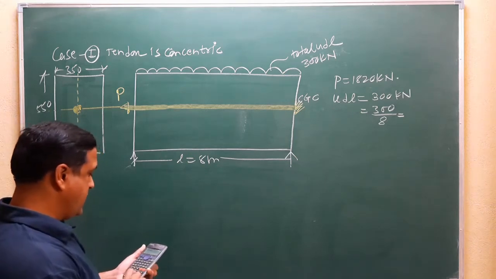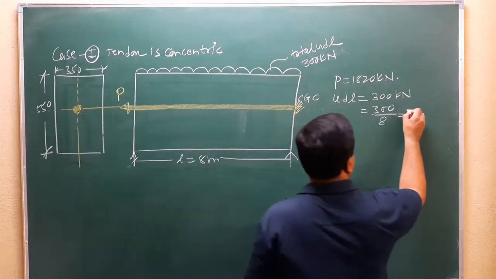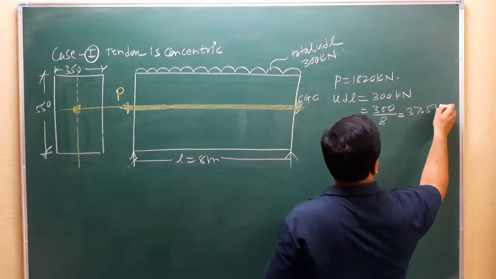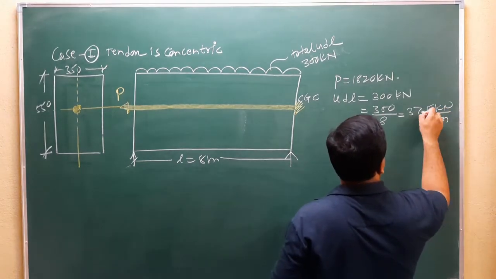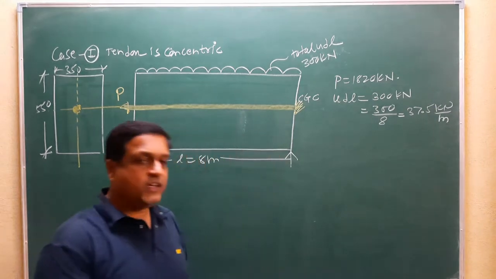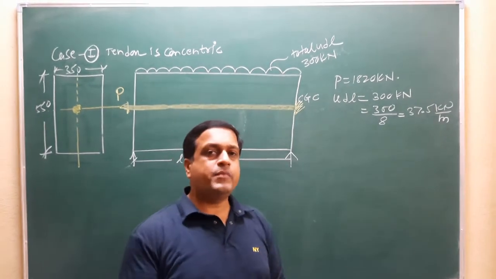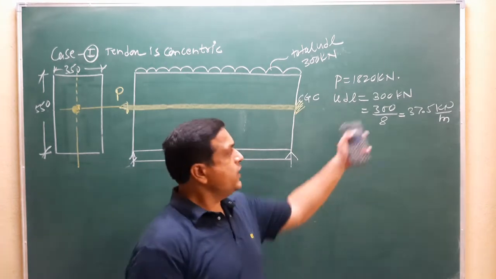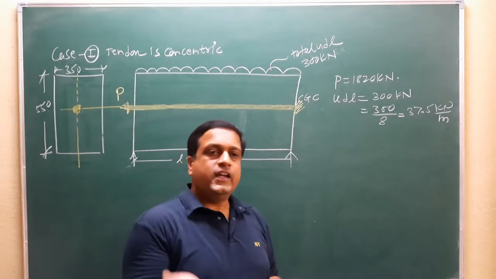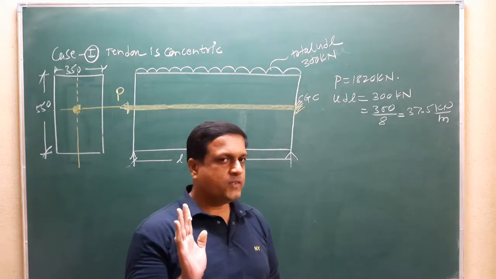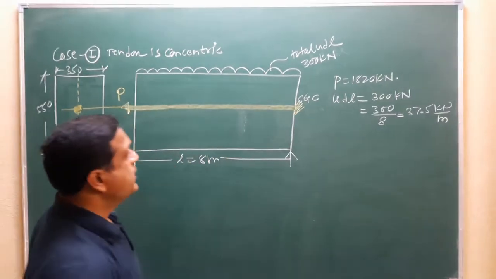So we get the intensity of UDL as 37.5 kilonewton per meter, and this UDL includes dead load and live load, because the question does not give separate dead load and live load. Total load means it includes dead load and live load. Okay. Now what we have to do?